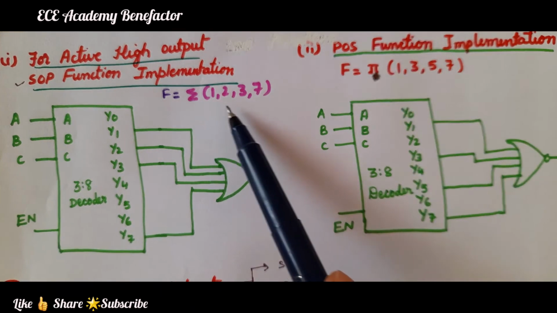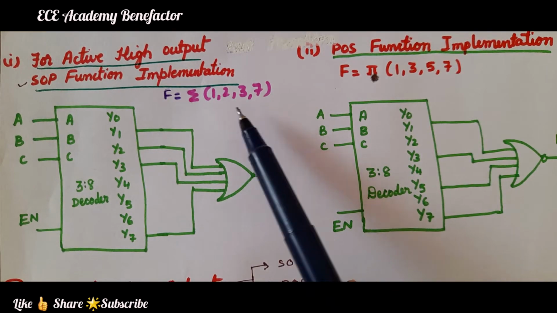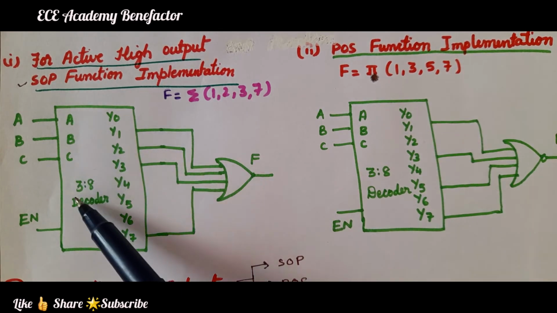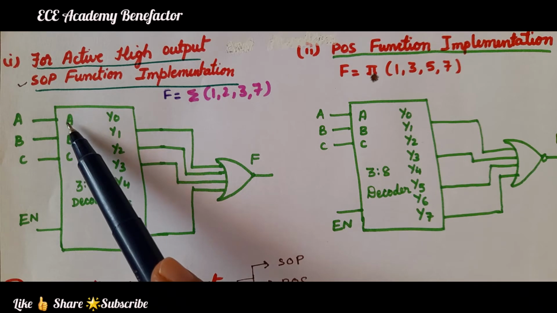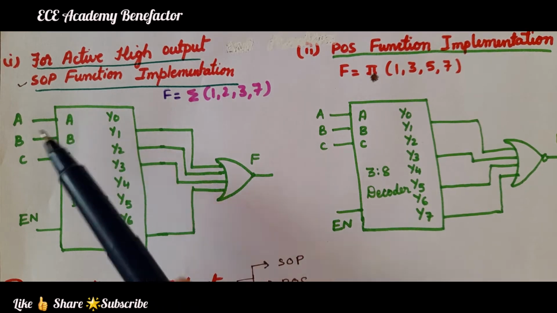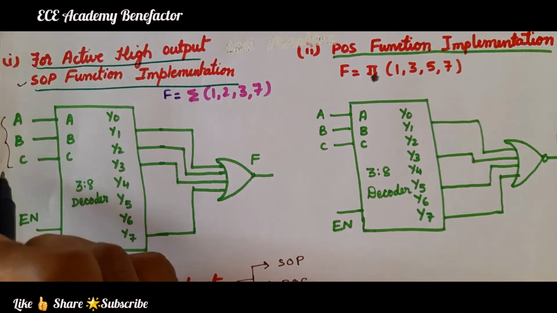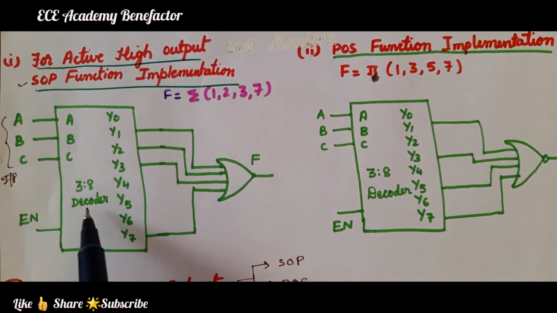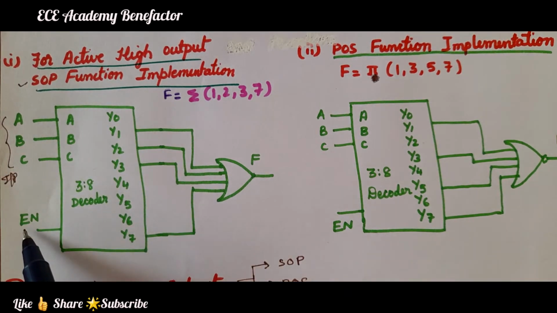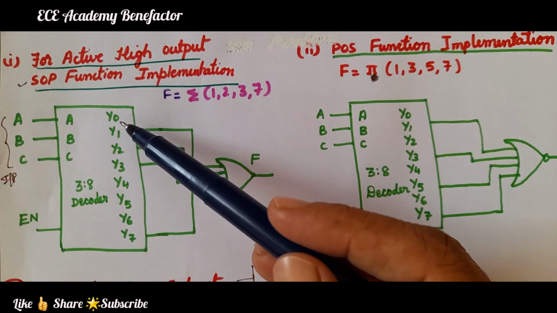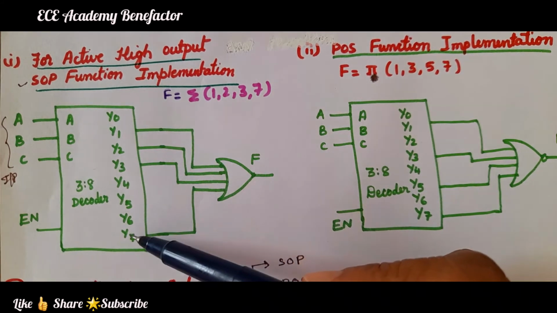So, we need to implement this function 1, 2, 3, 7. 3:8 means 3 inputs, so we have taken 3 inputs as A, B, C. To enable the decoder, we need to connect an enable input. Coming to the outputs, they are y0 to y7.